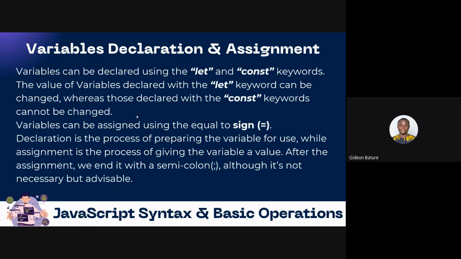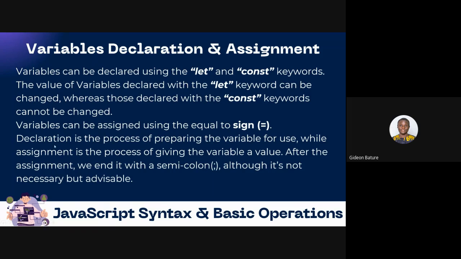So for you to declare a variable or make a variable available in your JavaScript code, you have to make use of either your let keyword or your const keyword. The difference between your let keyword and your const keyword is simply that any variable you declare with the let keyword can always be changed. But for a variable declared with the const keyword, the value cannot be changed. The word const is a short form of constant.